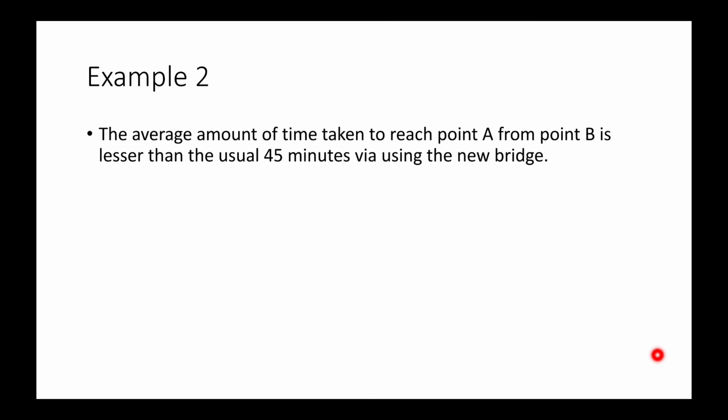Here the question is: the average amount of time taken to reach point A from point B is less than the usual 45 minutes using the new bridge. So again we need to find H0 and H1. Again we will assume mu is the average amount of time for the travel. If you see, the researcher here wants to disprove that the travel time is greater than or equal to 45 minutes.